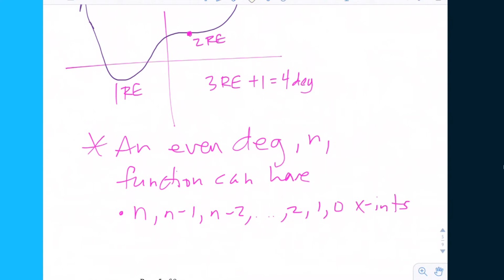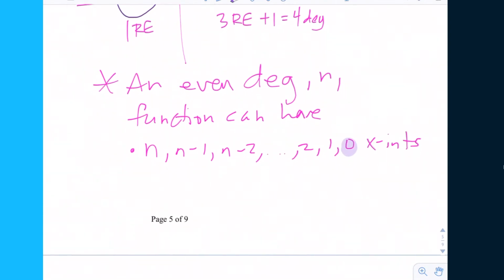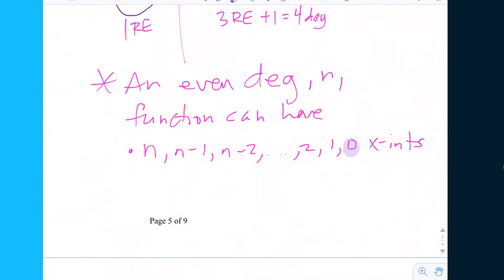And that's different than the odd degree, right? Because we can have no real solutions, no real roots. Whereas in an odd degree, it's guaranteed, okay?